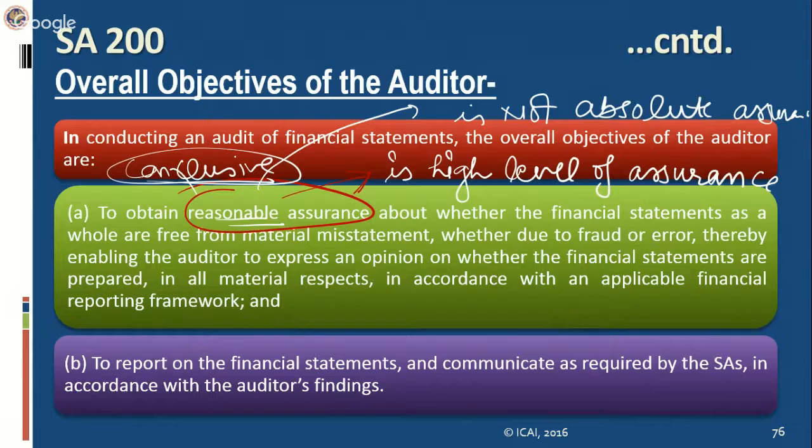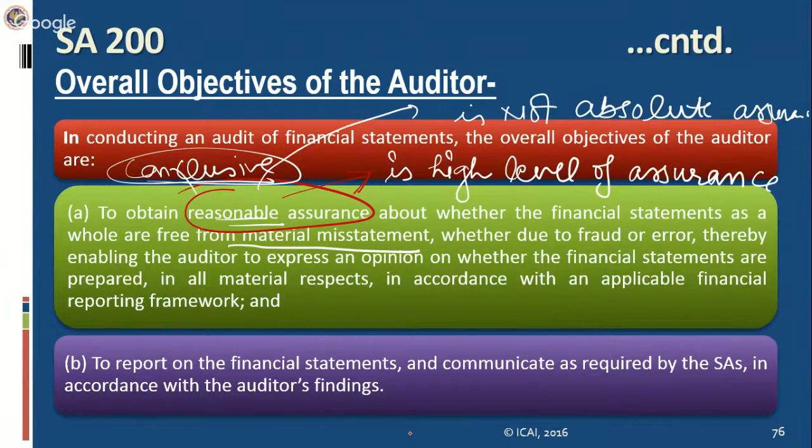To obtain reasonable assurance about whether the financial statements as a whole are free from material misstatement. Students, again the important word is misstatement. Now what is misstatement?